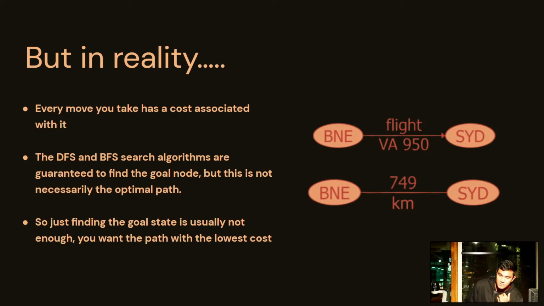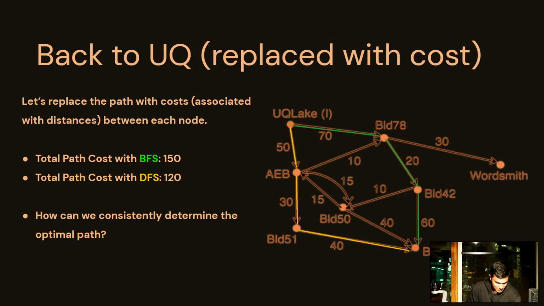I could have gone from AB to the car park at the back and then to UQ Lakes. Or I could have gone from AB to the coffee shop down there to UQ Lakes. And we know the path from AB to coffee shop to UQ Lakes is obviously faster. Maybe not now because of the construction, but if we were using BFS and DFS, it wouldn't know which one's better. So this is why we have informed search.